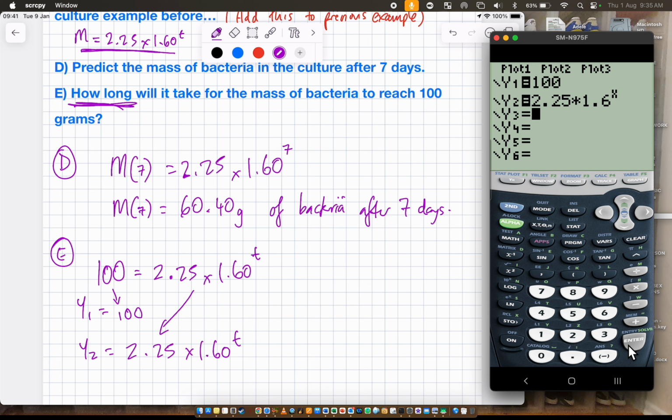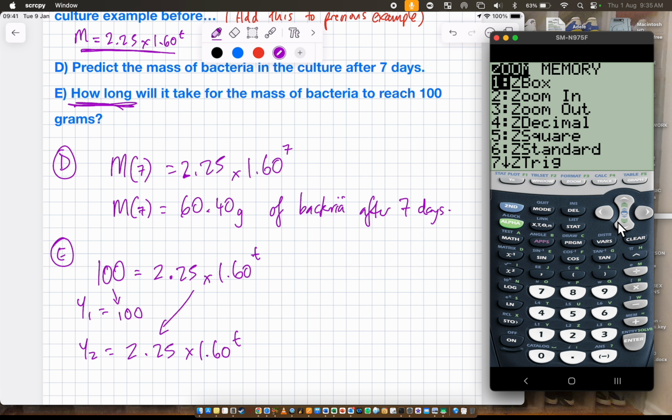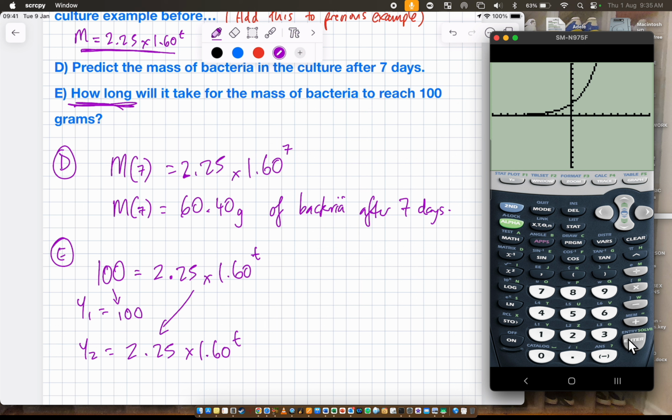So do I have both sides of the model in there? It's going to draw a horizontal line at y equals 100. It's going to draw an exponential curve that starts at 2.25 and goes up by 60% every time. So press zoom, standard. Am I going to be able to see it to start off with? No, because it starts at 100. I can't see anything except the curve because that went through 2.25.